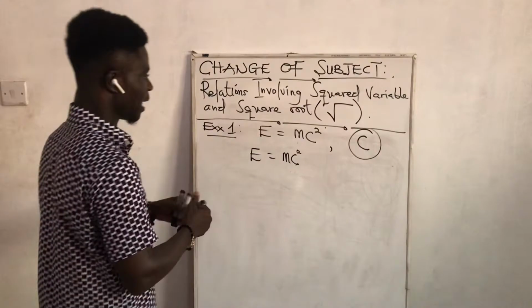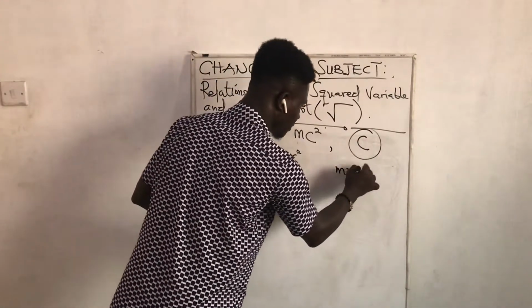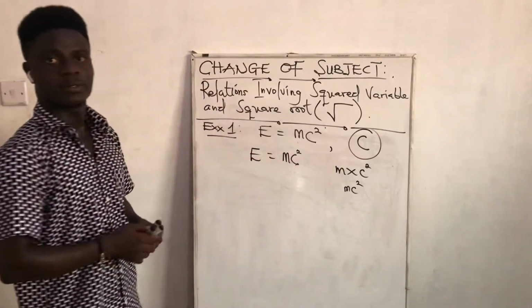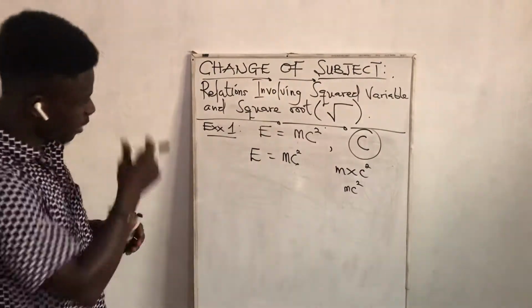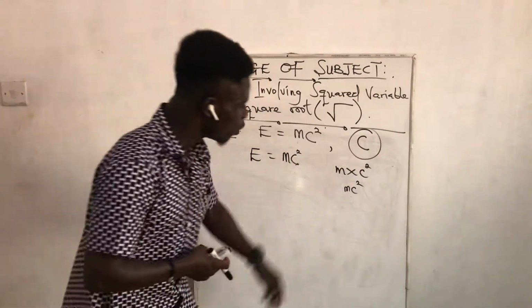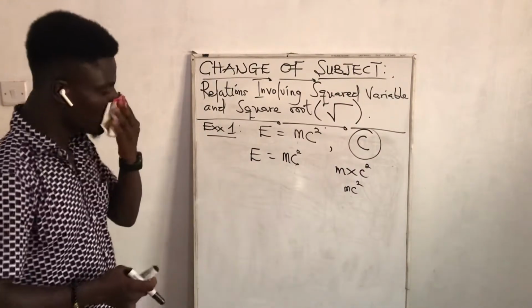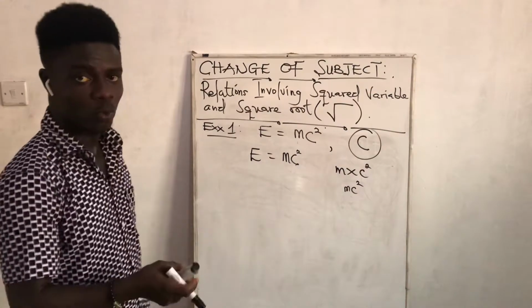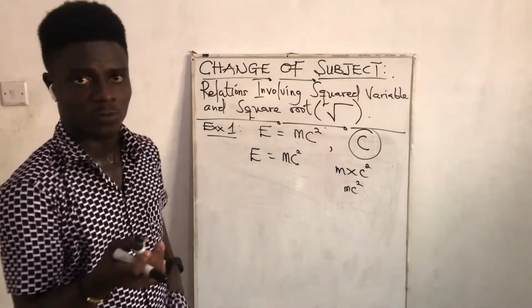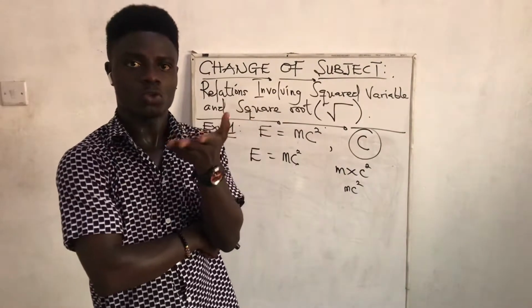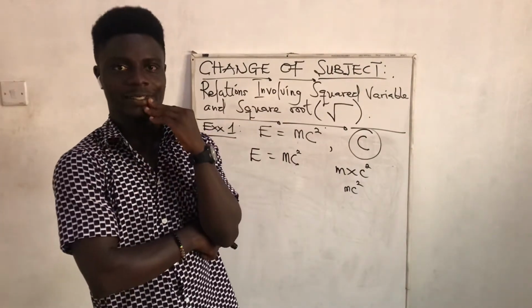It's being multiplied because m times c squared gives mc squared. Right? So now, if it's being multiplied, then what will we do? I told you that when they multiply themselves, if you want the variable, you have to divide.